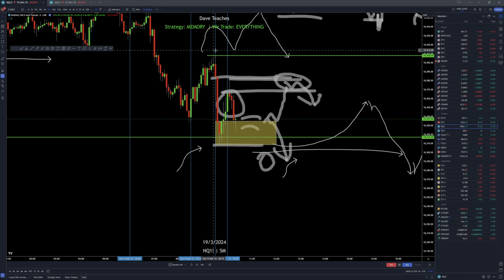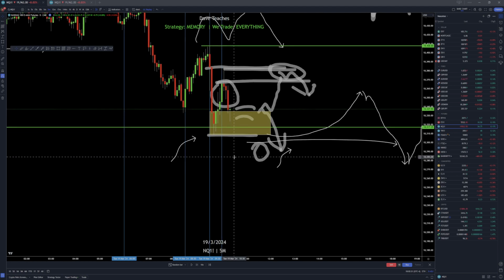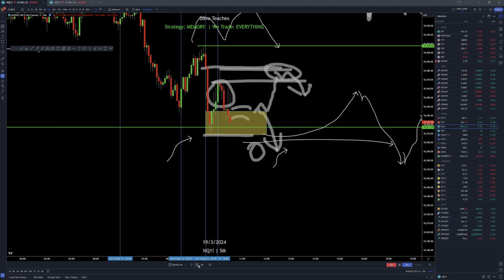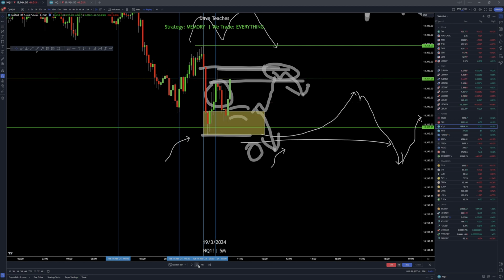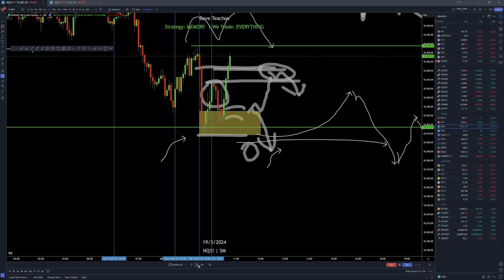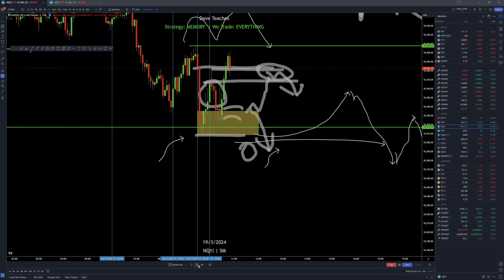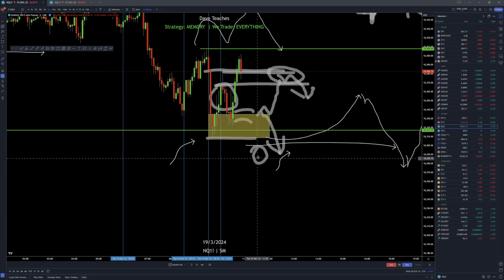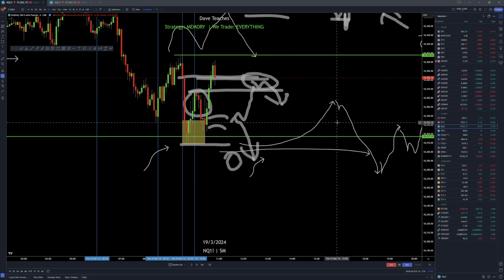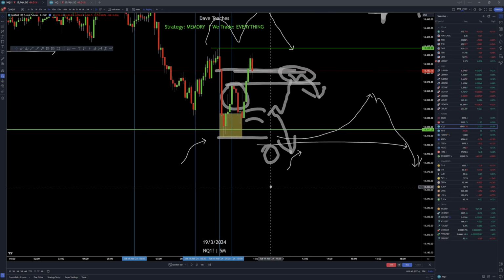But we just know that we're not too far away from 10 o'clock. It's just here. So no close below here, so I couldn't take any short at all that I thought I wanted to take because there's no close there.